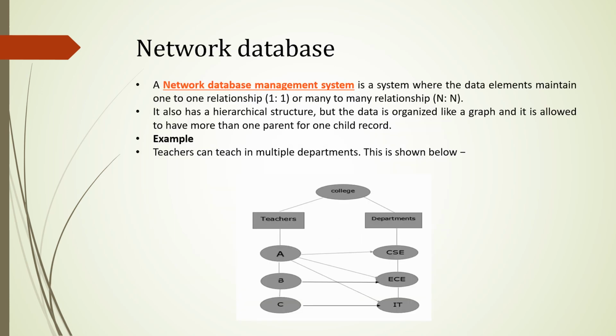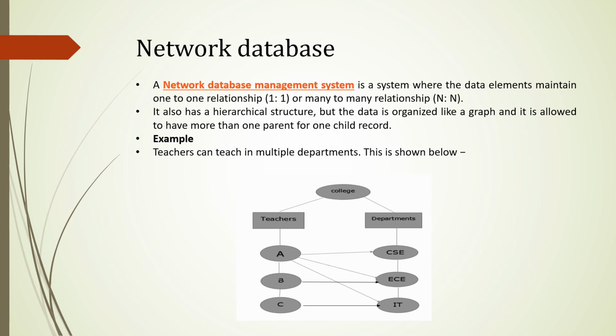And now coming to the network database. Now network database is nothing but connecting, that is one-to-one relationship or maybe many-to-many relationship. It's nothing but connecting the database. Okay. Now you can see that the network database system is a system where the data elements maintain one-to-one relationship or many-to-many relationship.